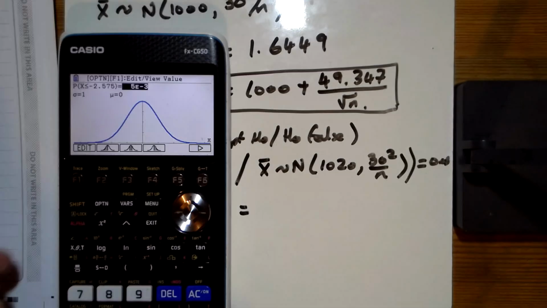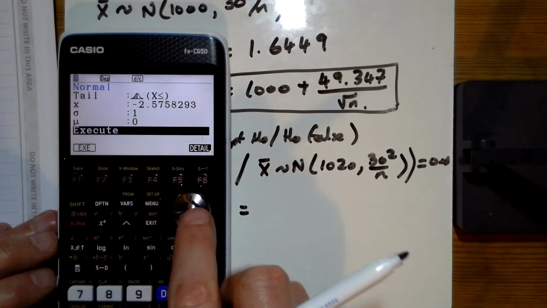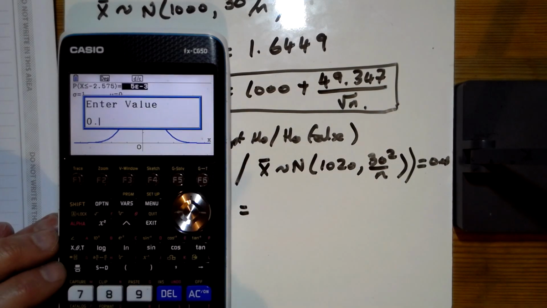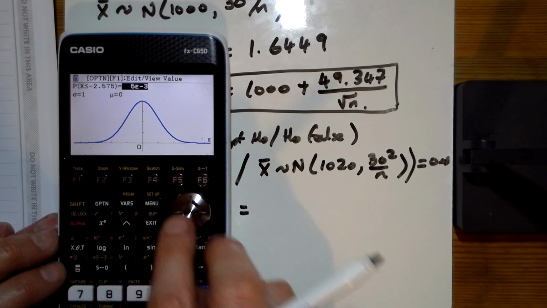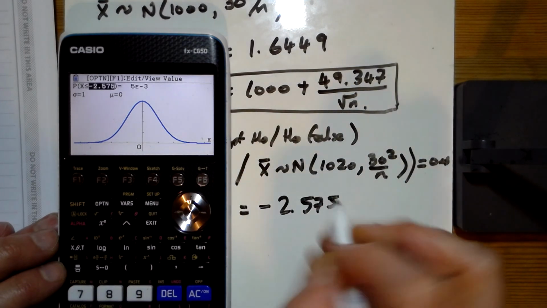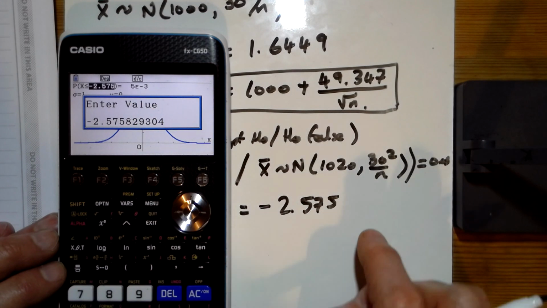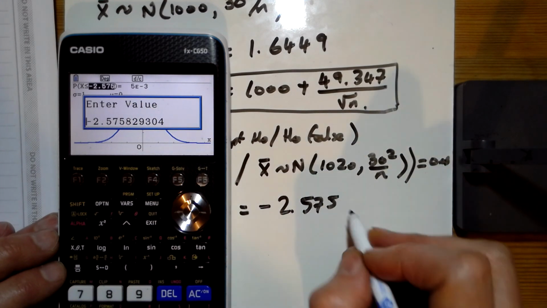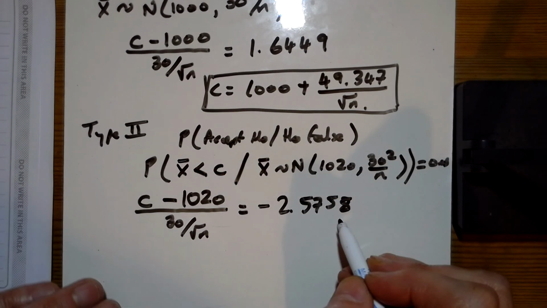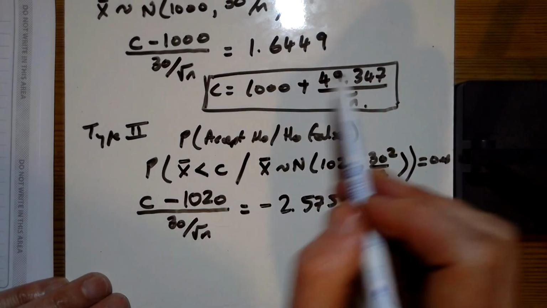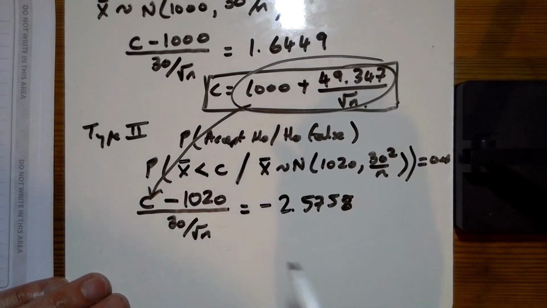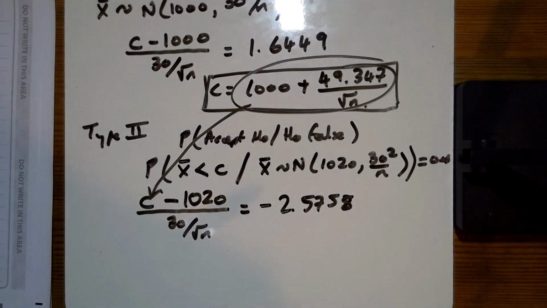So I'm just using my standard normal again, the 1 and the 0, and I'm putting a probability here of 0.005, and that's giving me minus 2.575 there, but it's actually 2.758. Stick that up there, and then put all of the, look, this is just a massive equation. So that thing there is going in there. This is just a big equation, all in terms of n, isn't it?